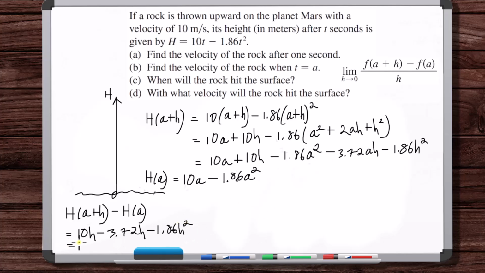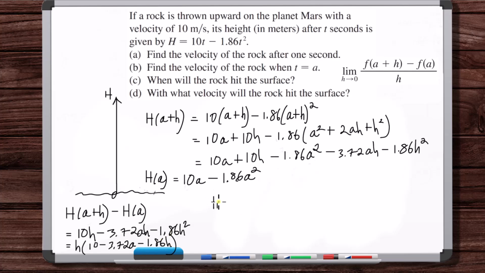We can factor out an h and get 10 minus 3.72a minus 1.86h.